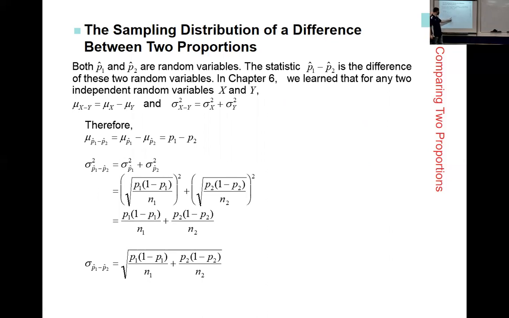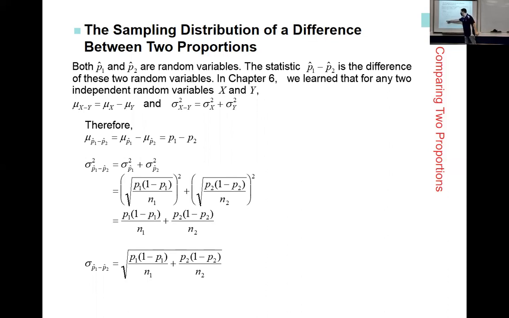The variance of one plus the variance of the other. So here's my total variance. And then the standard deviation is the square root of the variance. So I'm going to take the square root of the variances added together. And that is my formula for standard deviation there.